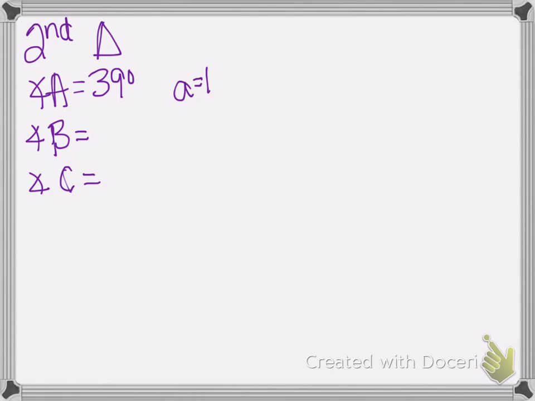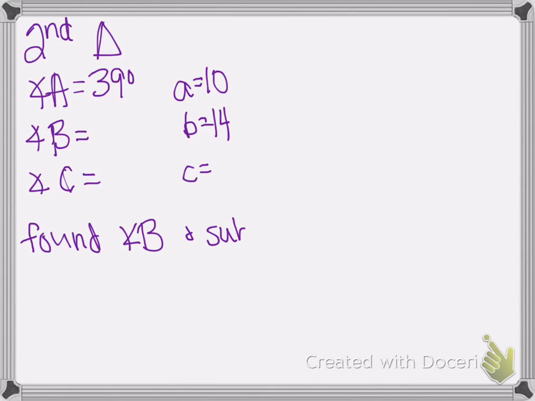Side A is still 10. Side B is still 14. And side C is still unknown. But this time, I take the found angle B from the first one and subtract it from 180.